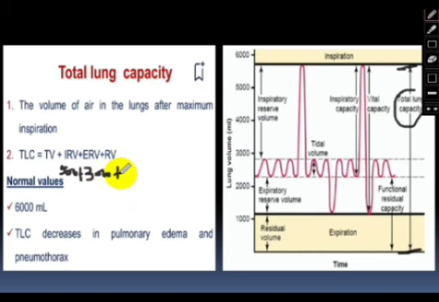Plus what? 1,100. Plus what? 1,200. Okay, so if you sum that, what does it give you?